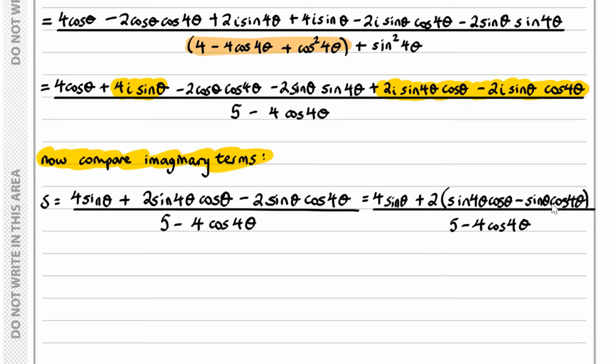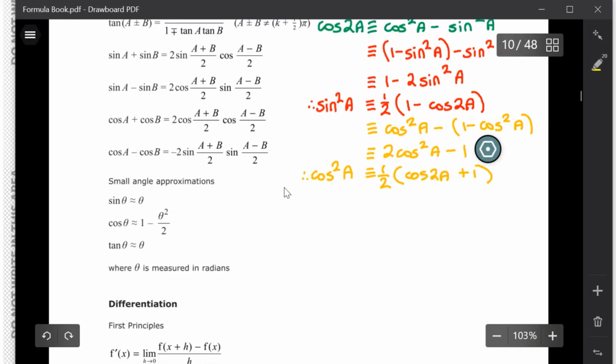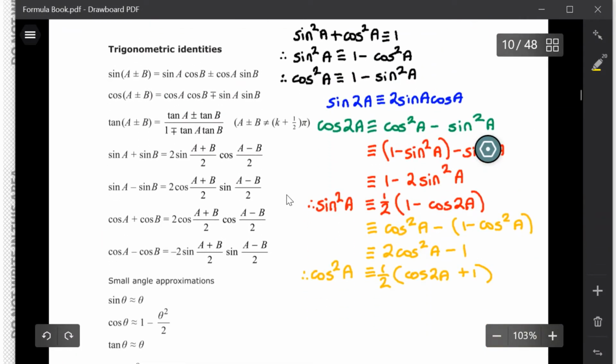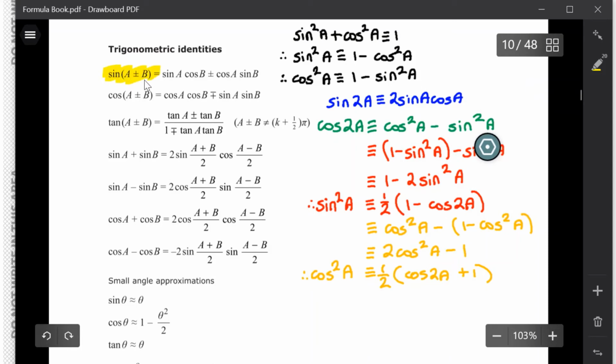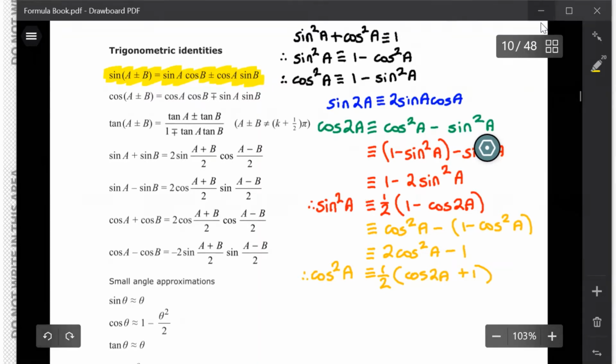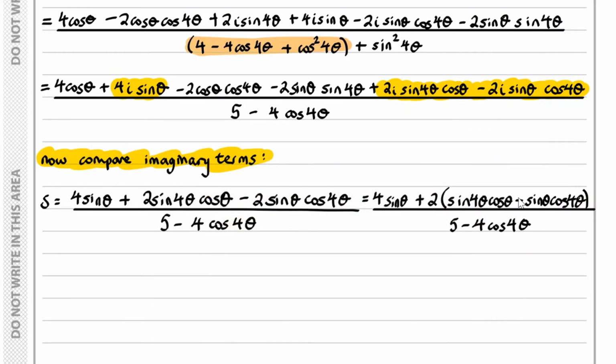Okay, now here you'd have to be careful. If you go to the formula book, we'd have to use our trigonometric identity here. Sine of a minus b is equal to sine a cos b minus cos a sine b. And the reason I say minus is because we have a minus here. Essentially you can think of a to be 4 theta, b to be theta.